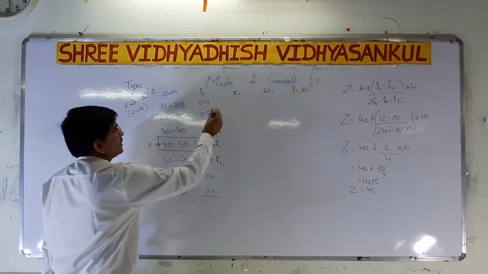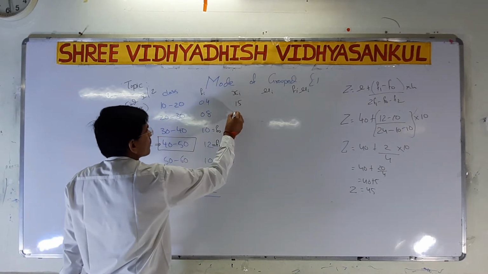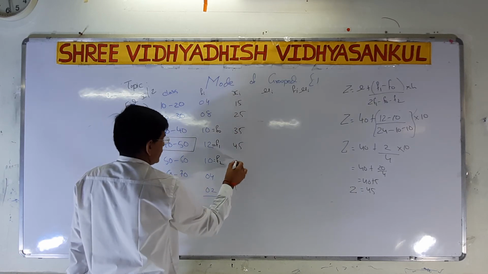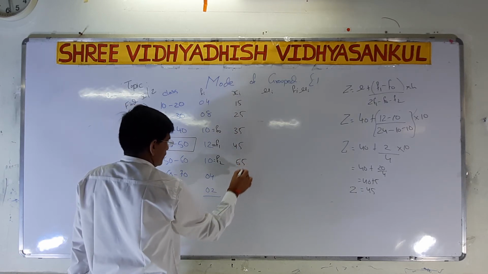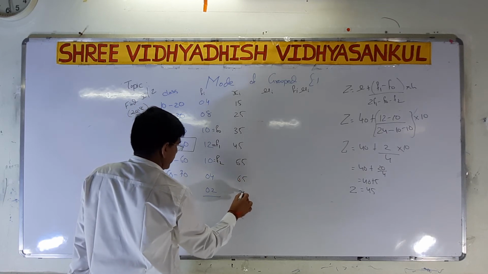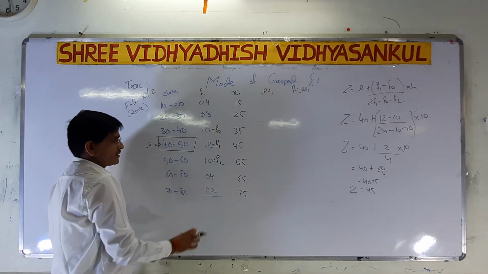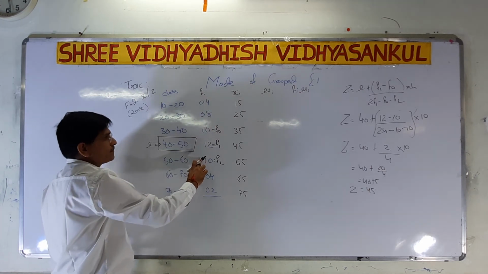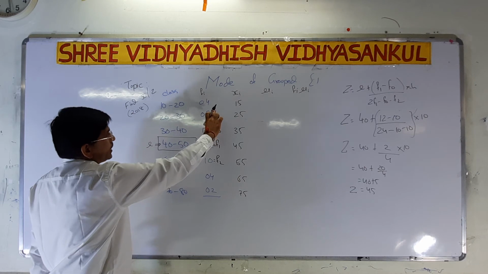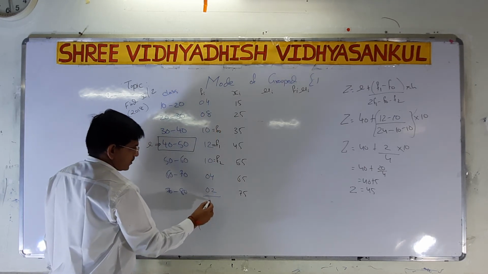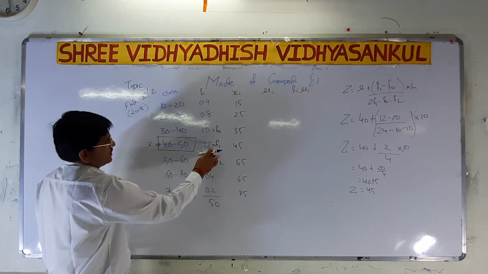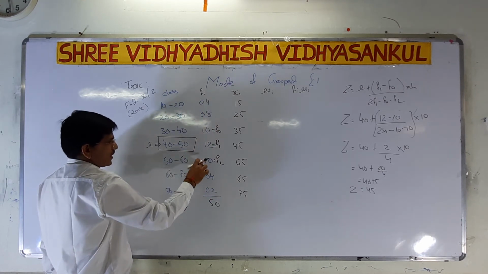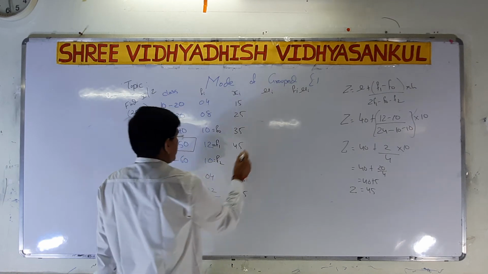So first of all, for the mean I have to write Xi: 15, 25, 35, 45, 55, 65 and 75. I have to count the frequencies: 4, 8, 10, 12, 10, 4 and 2. If you total them, you get 50. Now Ui, always remember it.